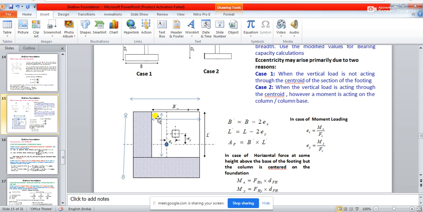So the changed length and breadth of the footing should be such that the centroid of the effective length and effective breadth coincides with the centroid of this column, and to get that, you need to subtract twice the eccentricity to get the effective width and the effective length.